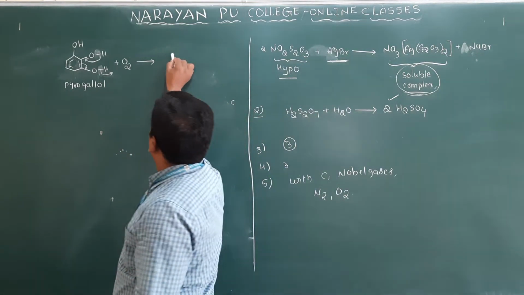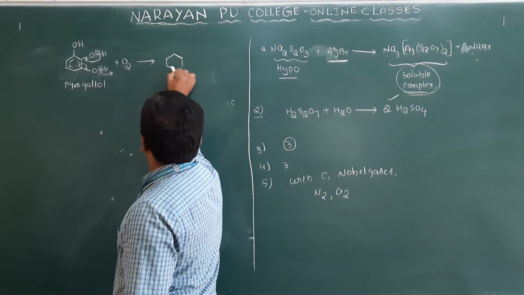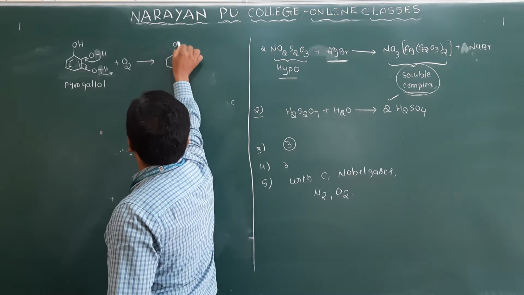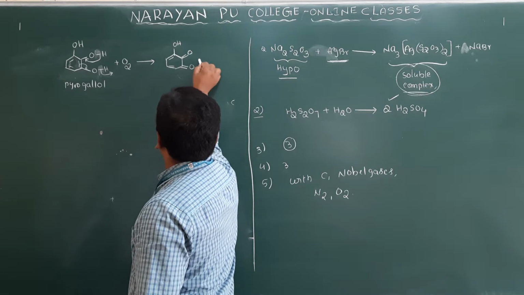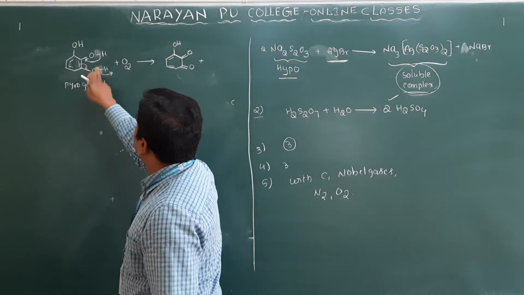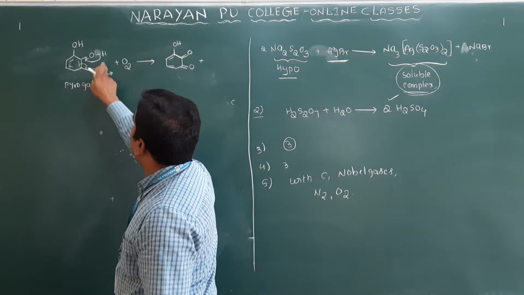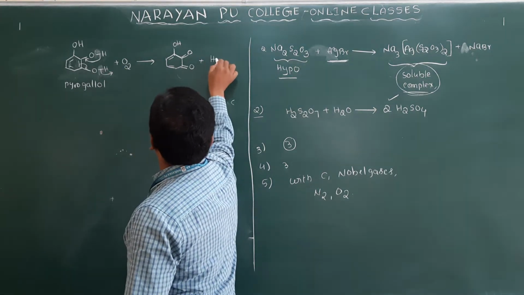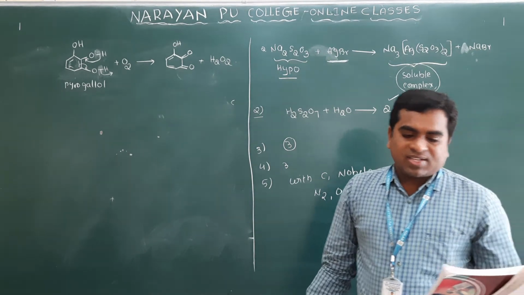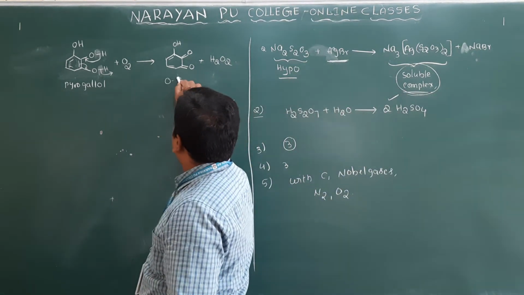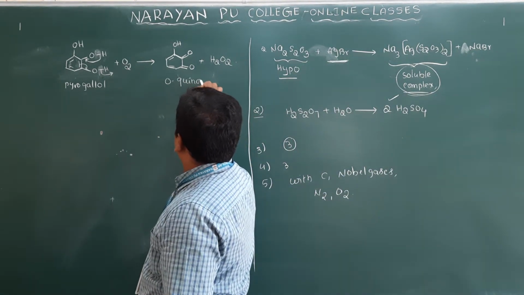Then what compound will you get? You see, this is the compound. OH will be there, and there will be double bonds. Here H2 is removed, and O2 is there. So what you will get is H2O. This is the reaction. This we call orthoquinone.